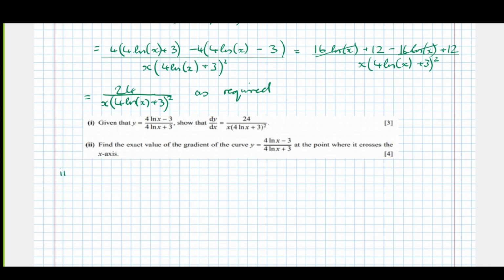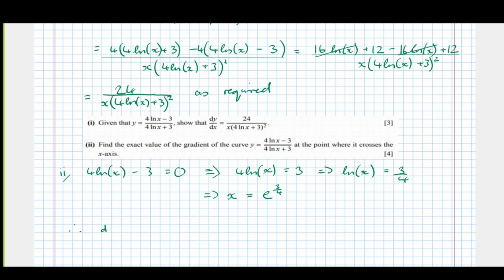So part 2, I've got that the numerator, 4 log of x minus 3 equals 0. Which means that 4 log of x equals 3. Which means that log of x equals 3/4. And if I e both sides, I get x equals e to the power of 3/4.